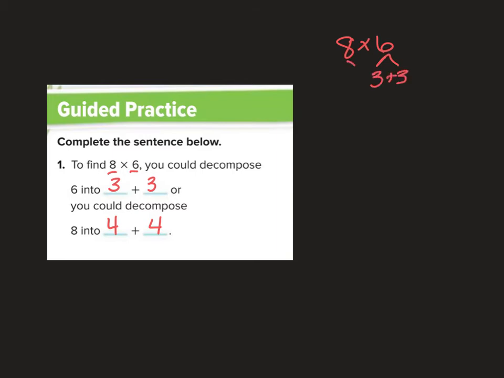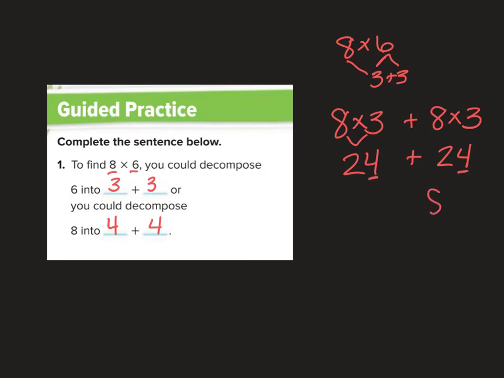So I need to do 8 times 3 plus 8 times 3. 8 times 3 is 24, plus 24. If I double my ones, 4 plus 4 is 8. 2 plus 2 is 4. So I would get an answer of 48.